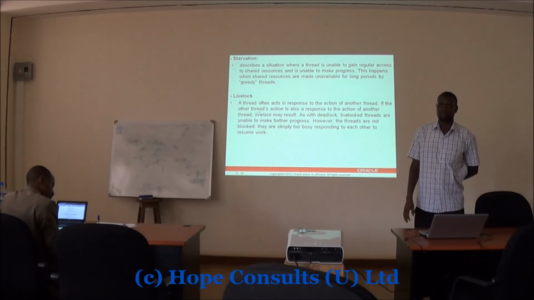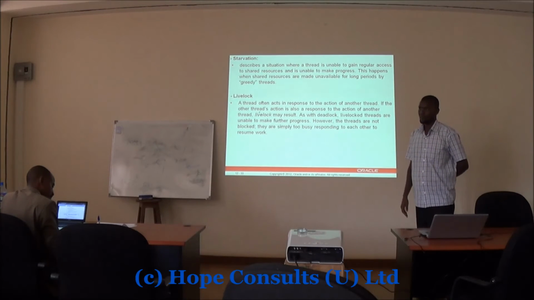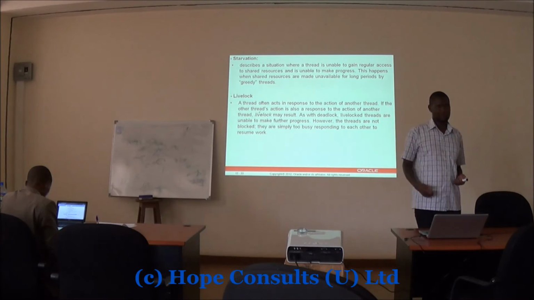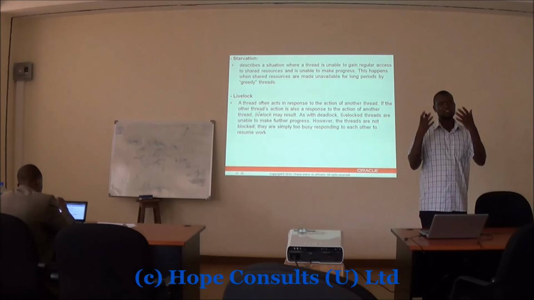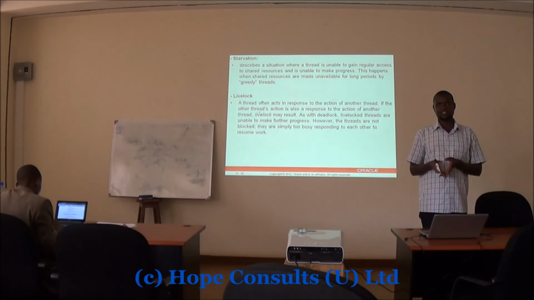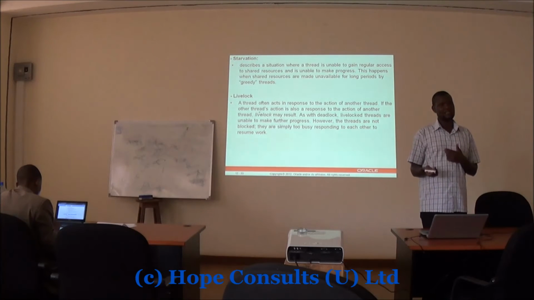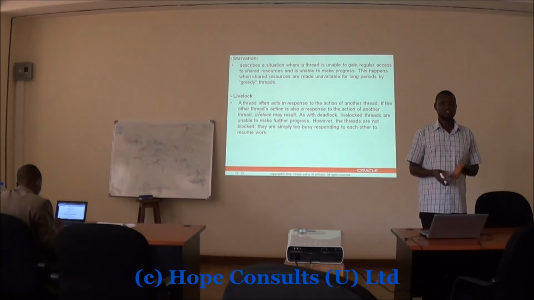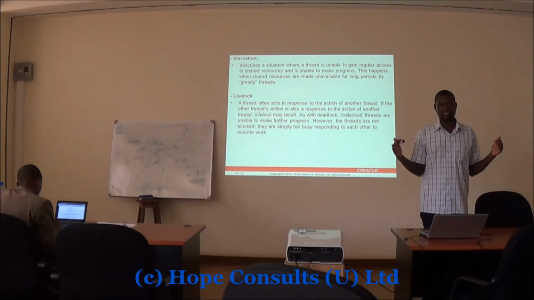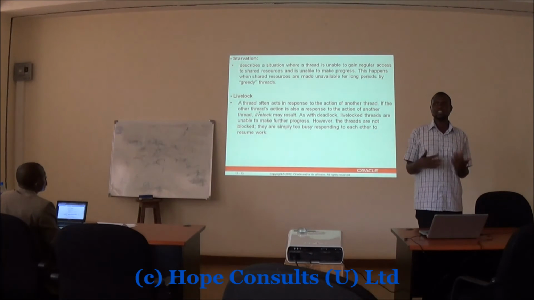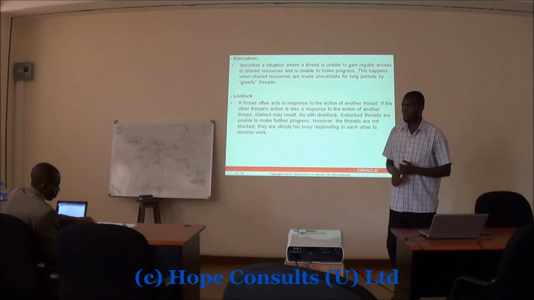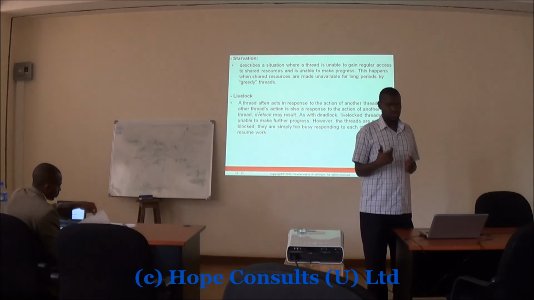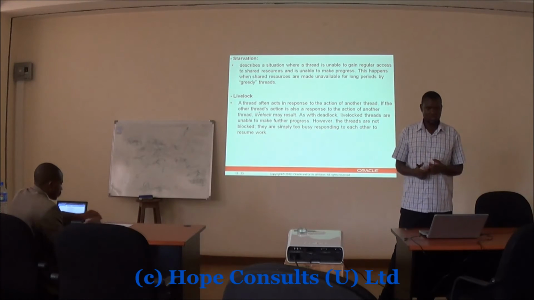Then we have starvation. A thread can starve when it tries to access a resource, and another thread has already blocked it. Next time it tries again, another thread has blocked it. So for a long time, we say that thread is starving because it is unable to acquire the resources it needs.